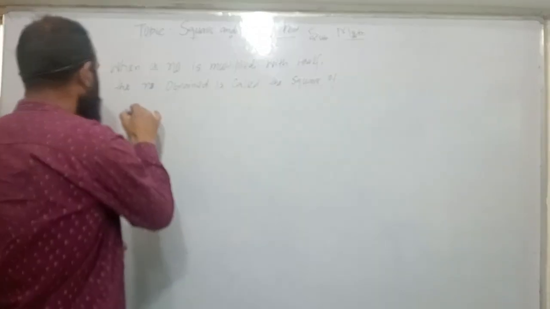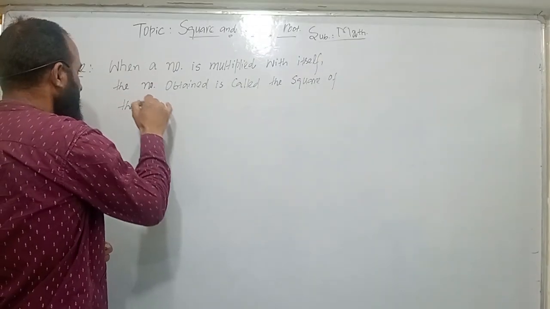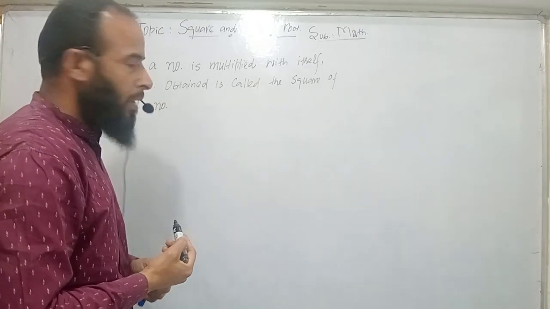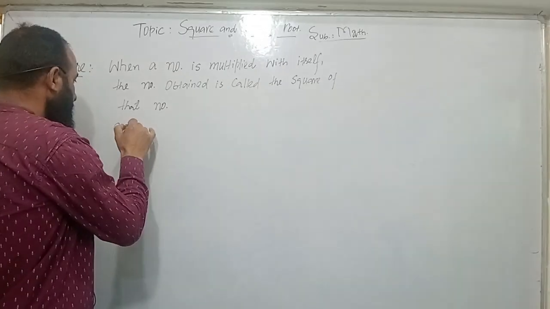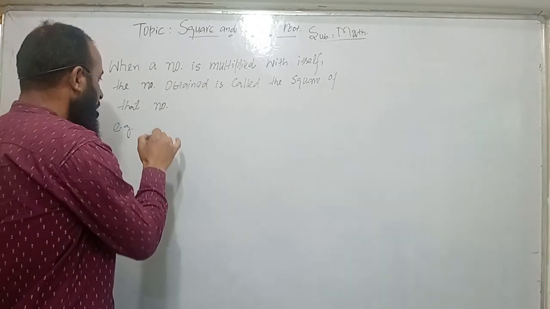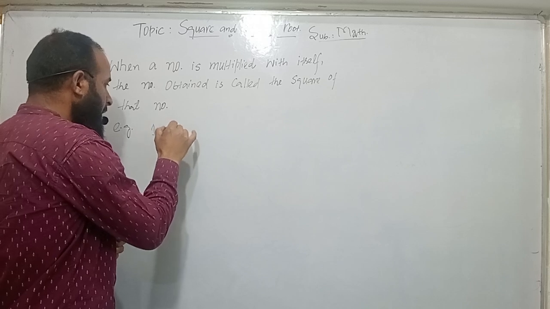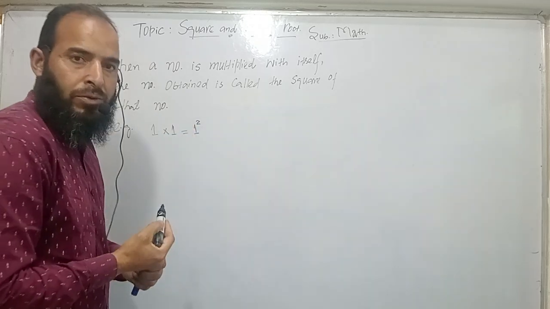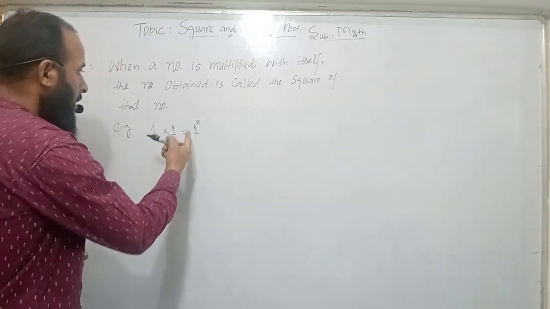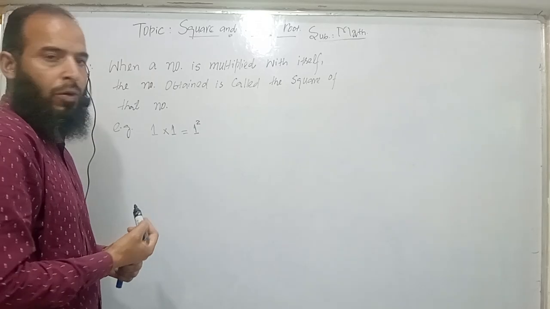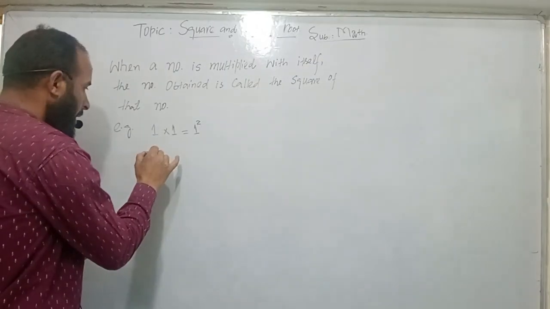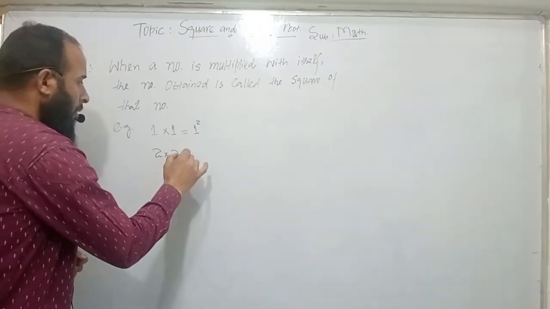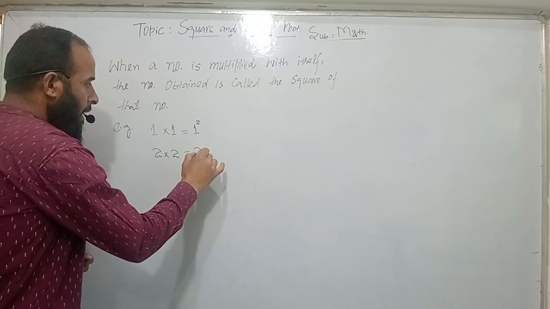Square of that number. Okay? For example, when 1 is multiplied to 1, we get 1 square. We call it 1 square or square of 1. If 2 gets multiplied with itself, we call it 2 square.